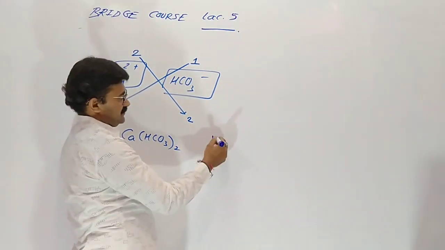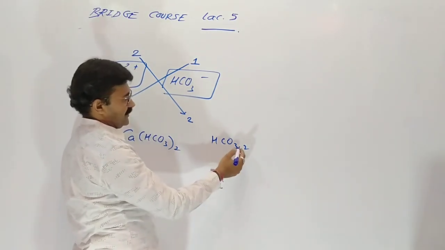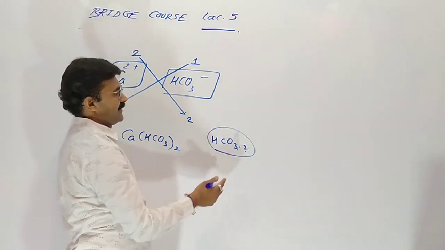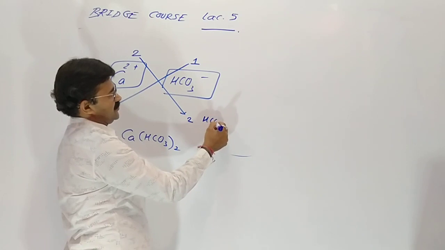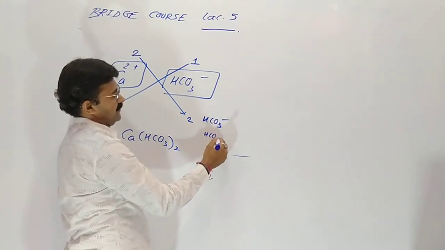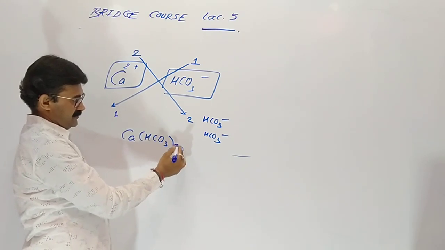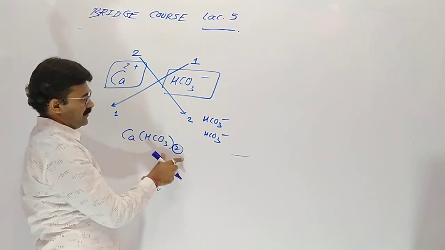Why? If we are not taking a bracket, it means HCO32, which is meaningless. So bicarbonate is 2 times. So we are taking it into a bracket with the 2 outside, twice. So it means bicarbonate is 2 times.